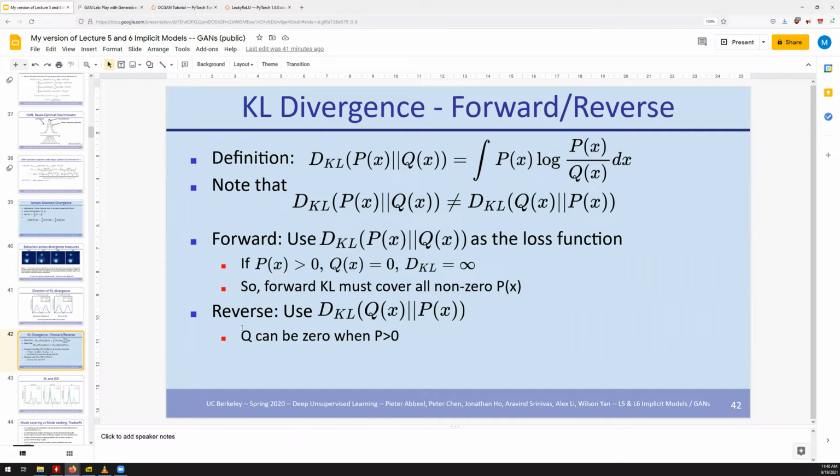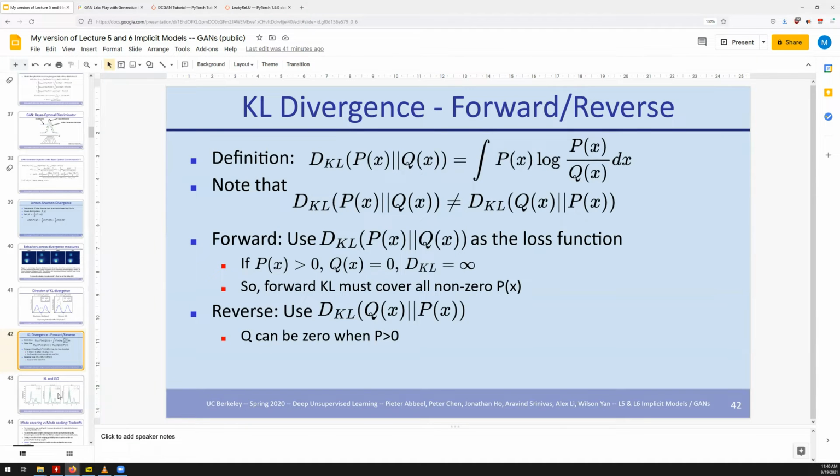But the one that we use is more similar to the reverse one, where Q can be 0 while P is greater than 0, and there isn't as much penalty because you flip it over. There is minimal penalty, right?